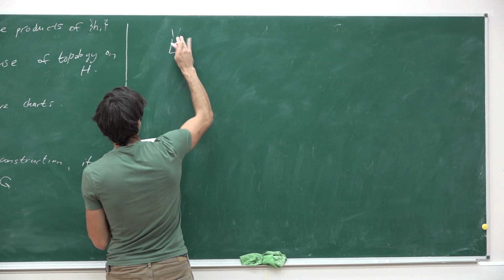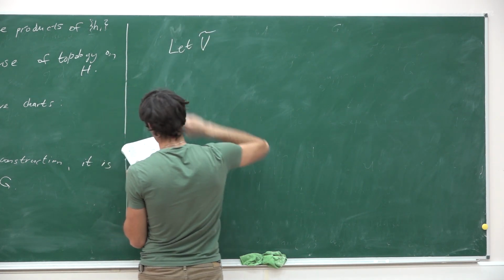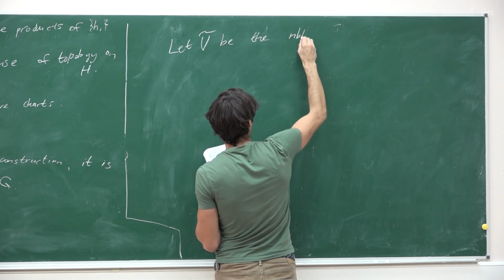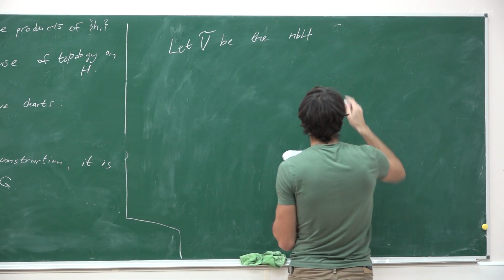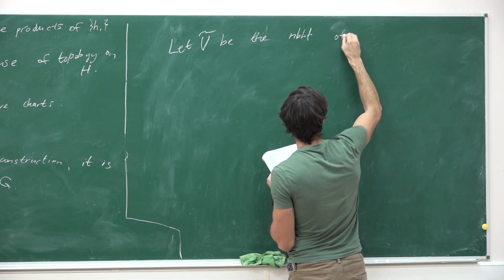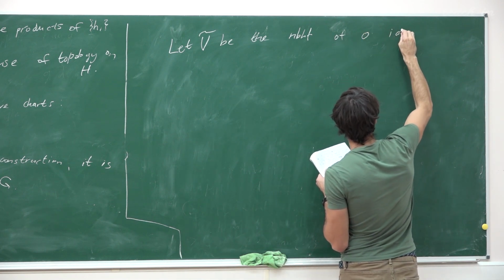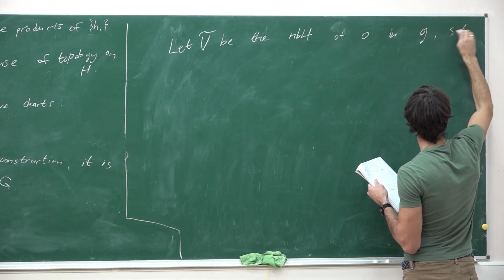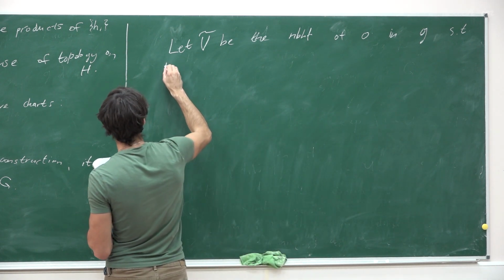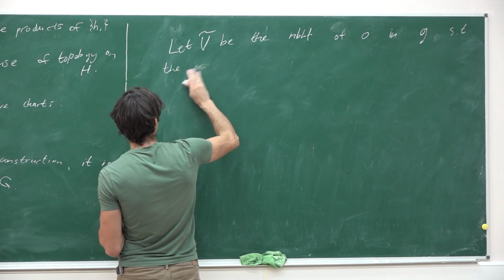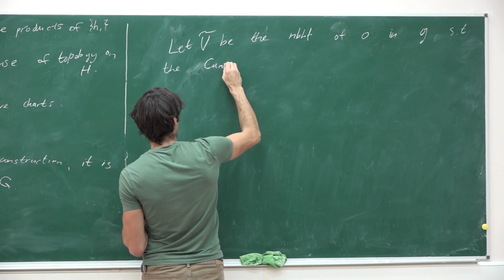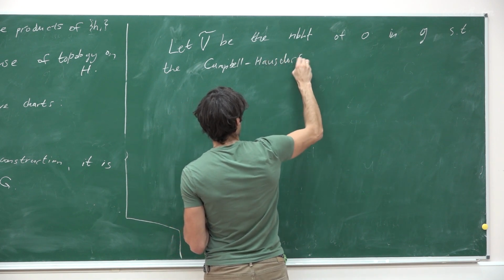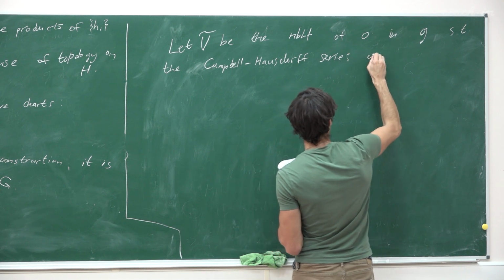So let V tilde be the neighborhood of 0 in G such that the Campbell-Hausdorff series converges.